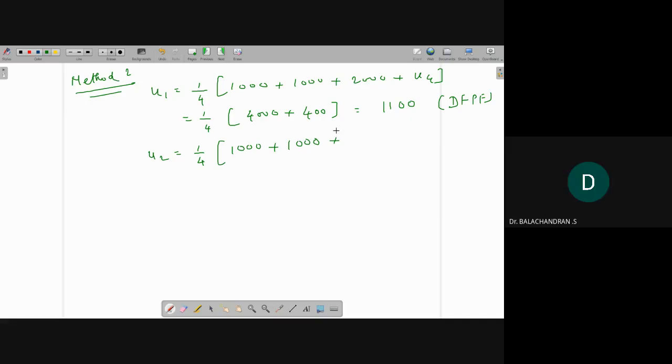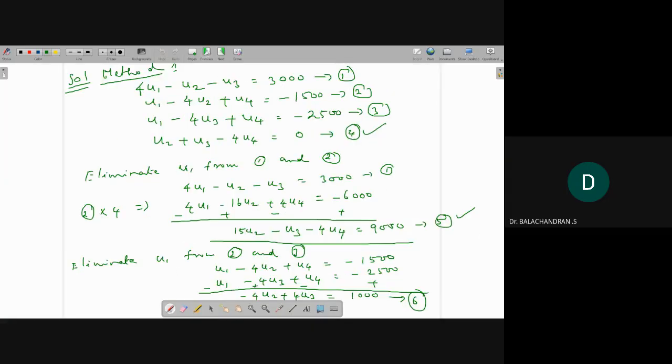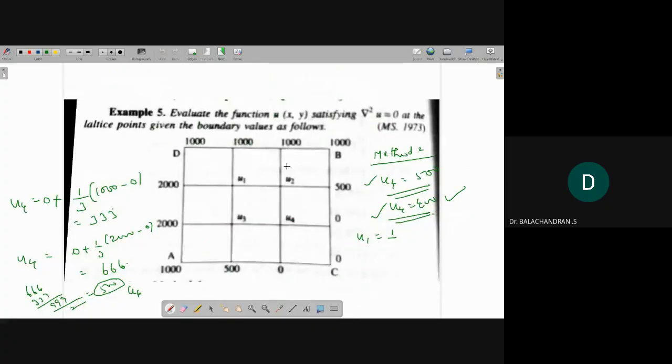Here you can use the standard 5-point formula, because for U2 you need 4 values, but we assume U4. So 1 by 4, 1000 plus 500 plus U4 plus U1.